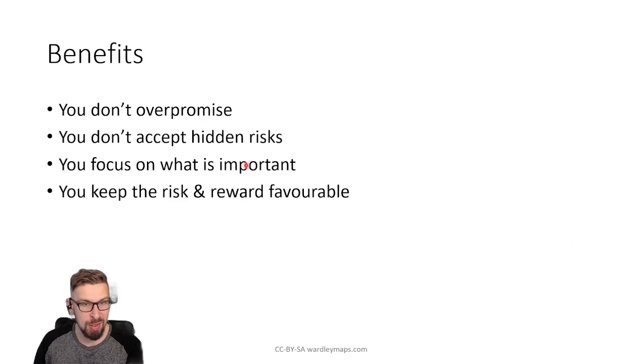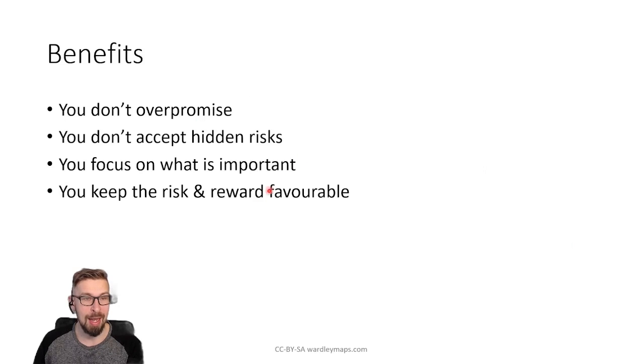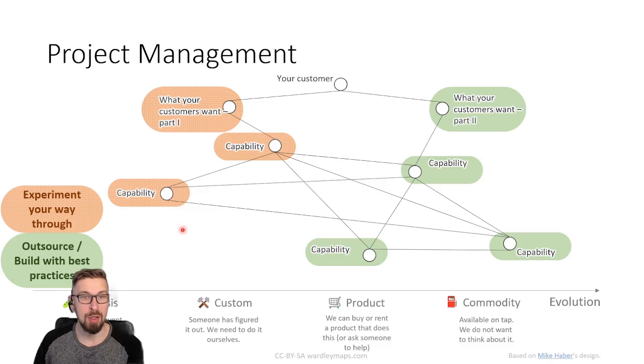You can focus on what is important because this is the source of the future value of the project, and you keep the risk and reward ratio favorable because you focus on the uncertainty first. If something will not work, you will figure it out very early, and thus you don't risk the capital of your company or your investor.